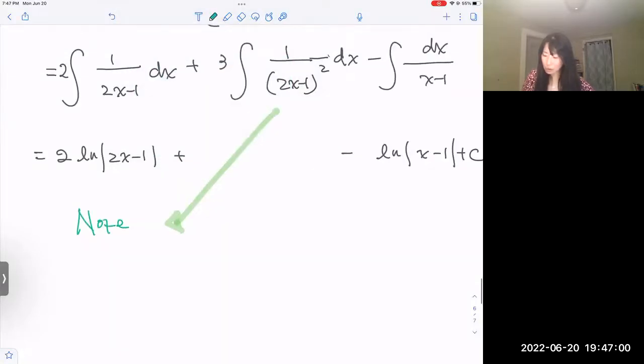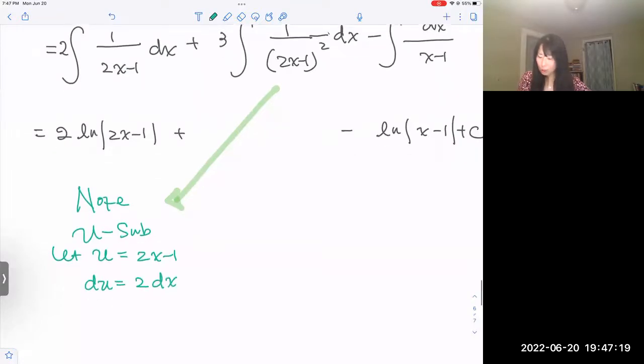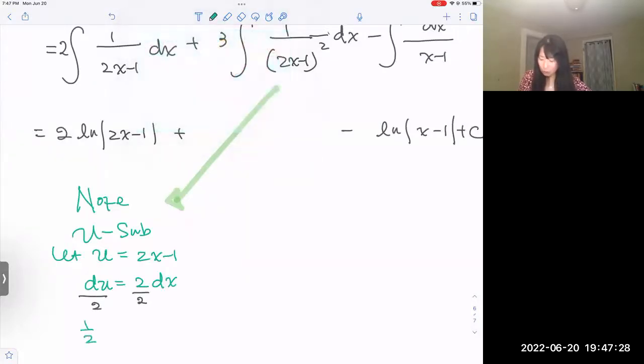Okay, how about let u equal to u sub 2x minus 1, with derivative, what do you get? 2dx, good. We don't have a 2, so we divide by 2 both sides. So we have 1/2 du equal to dx.